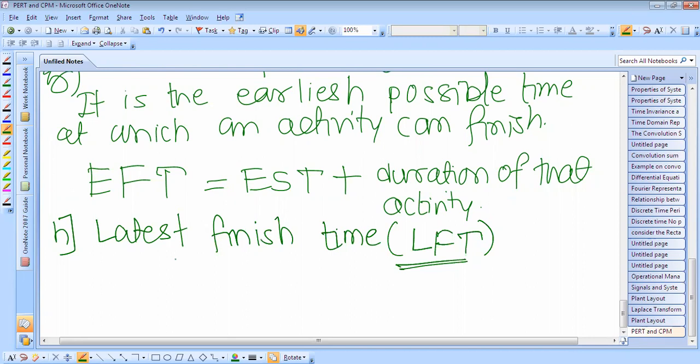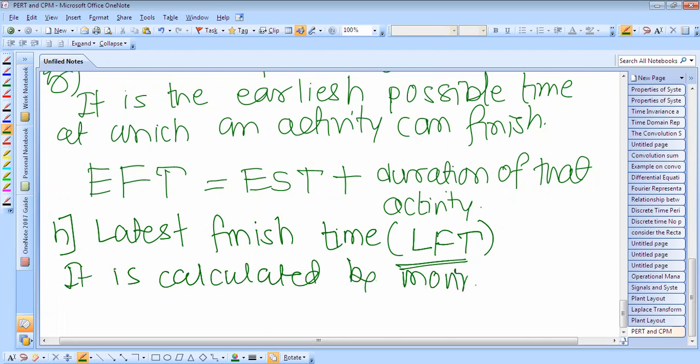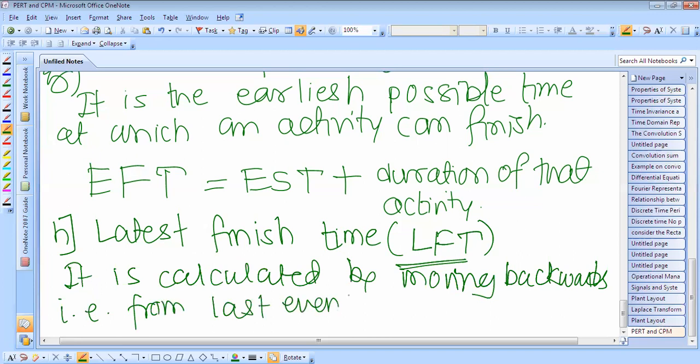And it is the last event time of the head event. How can you calculate the latest finish time? It is calculated by moving backward, that is from the last event to the first event.